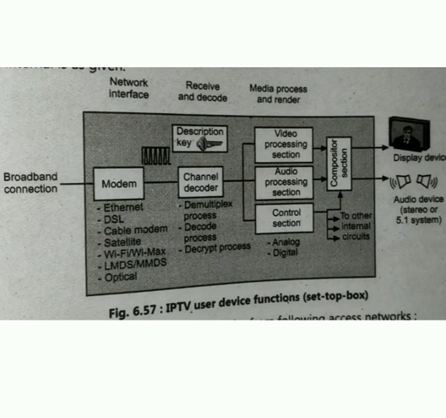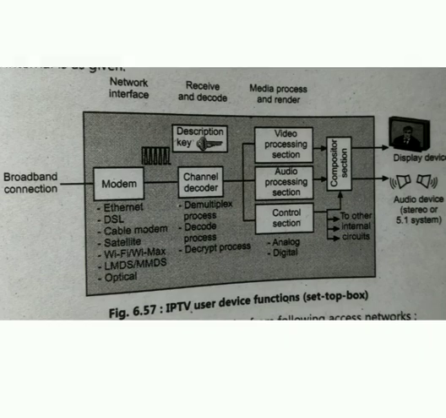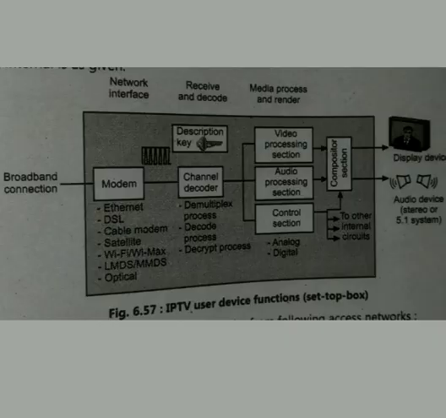In that way we can view and listen to the different contents of this IPTV system. This is how we see the receiver section at the client, the set top box, and we have now seen all the processing of that set top box.